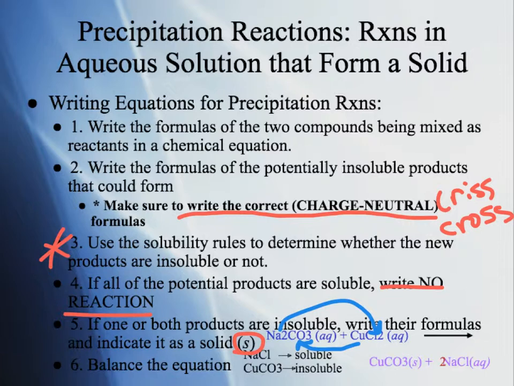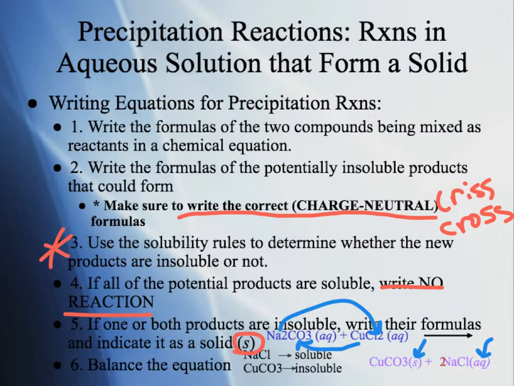And so this guy is going to be insoluble, so that's why we write the S. Now sodium chloride, all right, halides like chlorine are always soluble except if they're with silver, mercury, and lead. And sodium is not one of them. In fact, remember the first solubility rule says that all alkali metals like sodium are always going to be soluble. So this guy is an AQ.